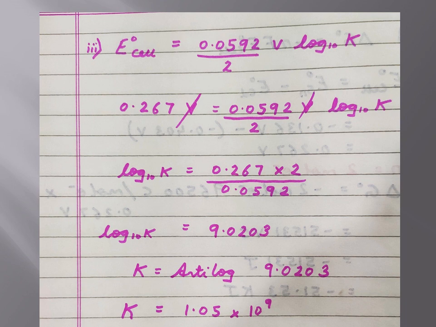So log K is equal to 0.267 into 2 upon 0.0592.